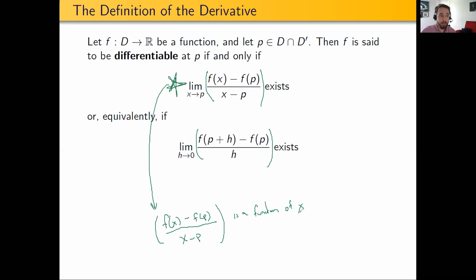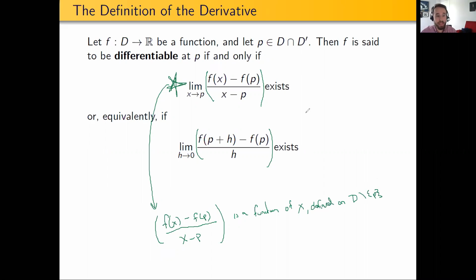This is a function of x, and it is not defined at p, but it is defined at all of our other x values that I'm allowed to plug into the function. It's not defined at p because I would end up dividing by 0, but it is defined at other x values. So that in and of itself is a function of x defined on the domain minus the point p.